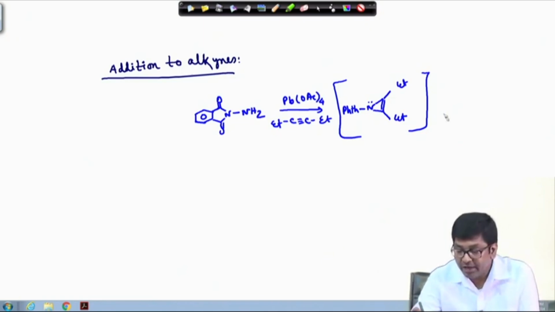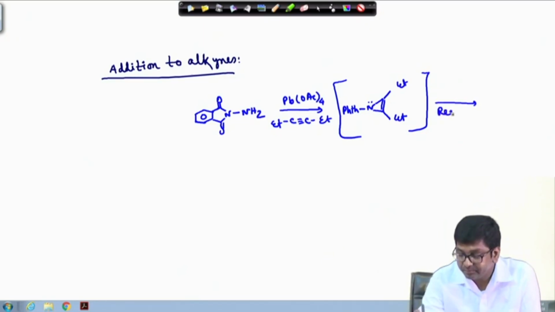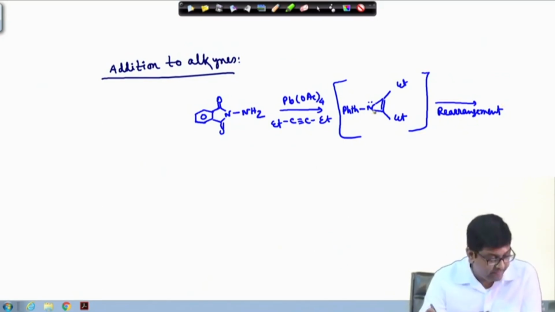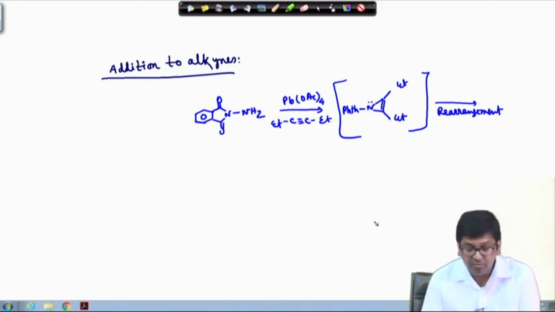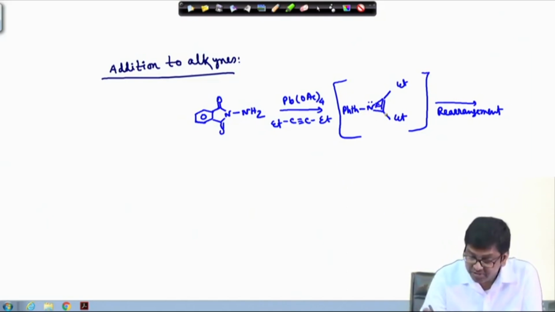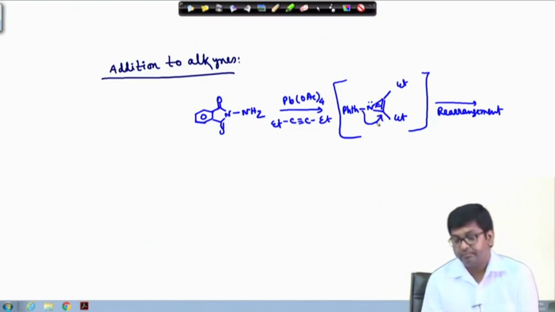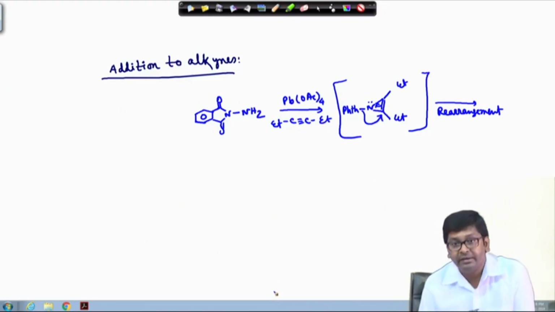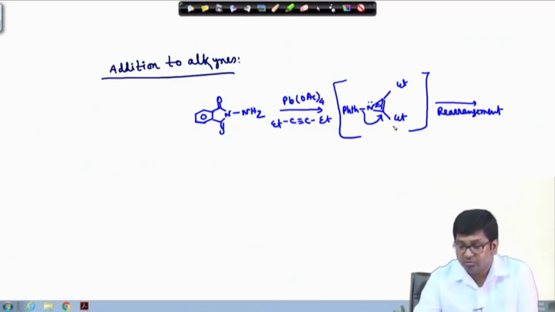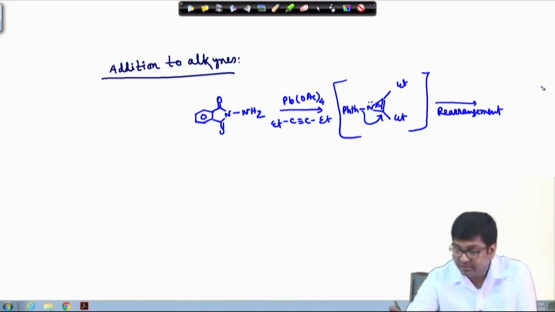Okay. So, due to that rearrangement, what will happen? This azirene ring will convert into its analog. So, what will happen here? This phthalimide group will migrate over here, and this one will shift. So, overall the product will be this.